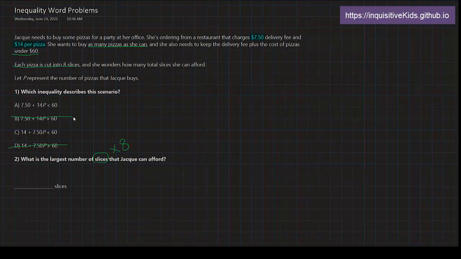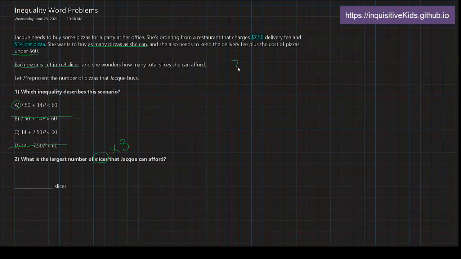Now let's look at C: 14 plus 7.5p is less than $60. Well, the 14 is what's changing. It's 14 per pizza. The 14 and the pizza, which is P, are connected. But in C, it's saying that every pizza is $7.5, but really, one pizza is $14. So the answer for the first question is A.